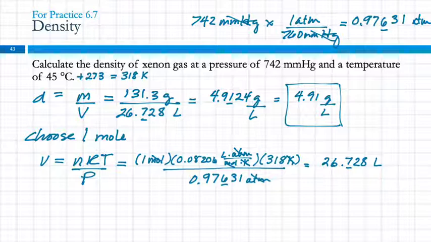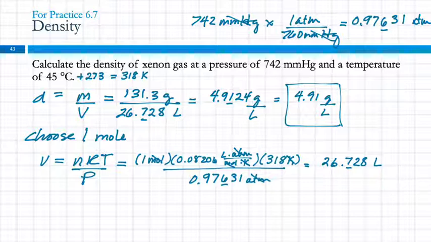You would always use atmospheres because of the ideal gas constant. If you've got R in there, the units on R tell you what you have to use for the other units. For example, if you had moles but you didn't have Kelvin, would you put 270 Kelvin? Or if you didn't have atmospheres, would you put 760?